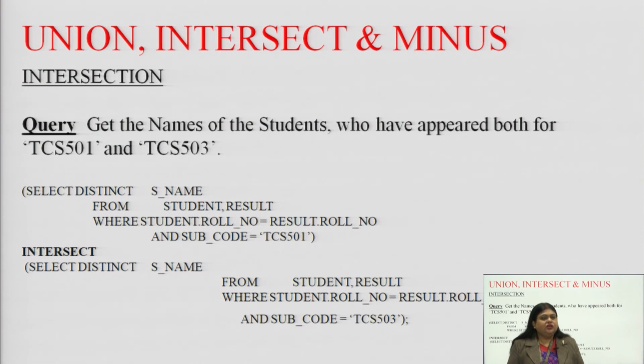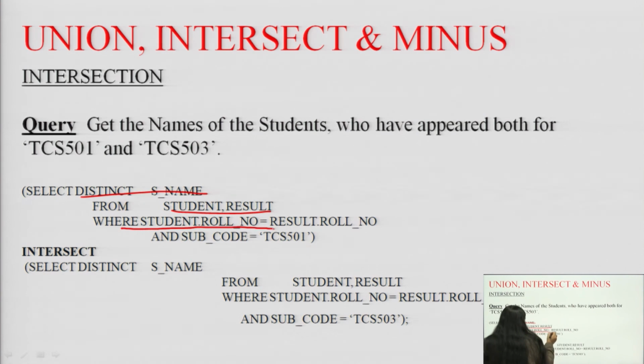Similarly, you can see the same method is used for intersection. We have gone for select, and what was the query? The query was to get the names of the students who have appeared for both the papers. So, we specify select distinct student name from student and result, where the student roll number is equal to result dot roll number, and the subject code is this.